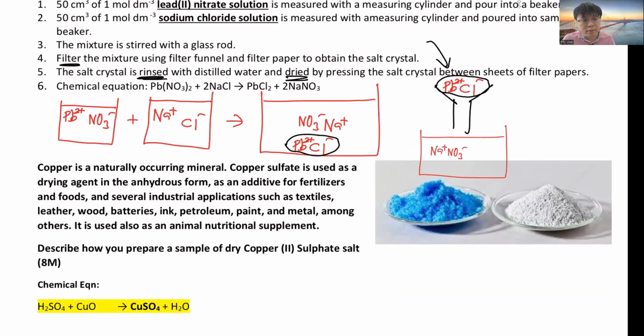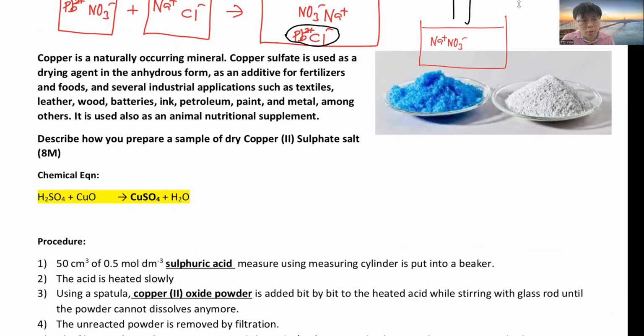Okay. Then we go for the second one. What do you use to prepare copper 2 sulfate solution? So for copper 2 sulfate solution, CuSO4 is a soluble salt. So for soluble salt, we need to use an insoluble compound plus the H+ acid.